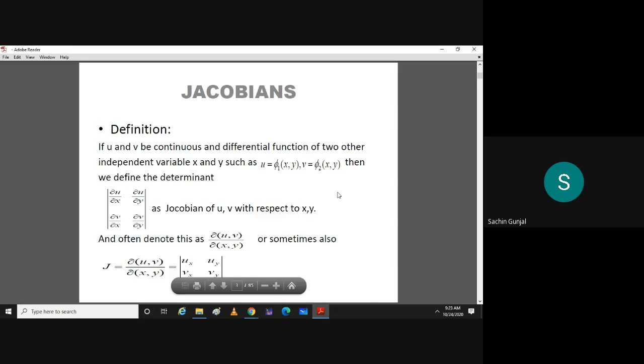I repeat, u is equal to x square minus y square and v is equal to 2xy. Find Jacobian of uv with respect to xy. Do it fast. Only 4 partial derivatives you need to put into determinant and find that determinant.